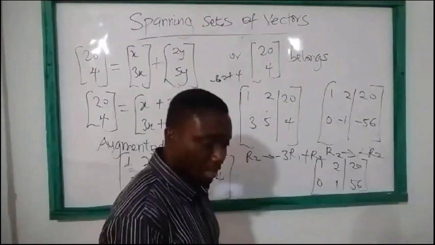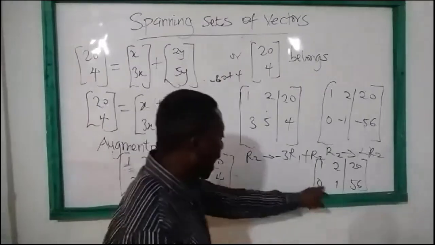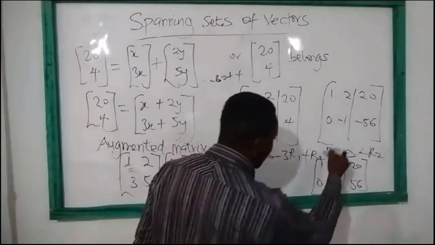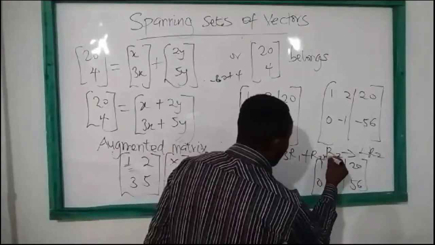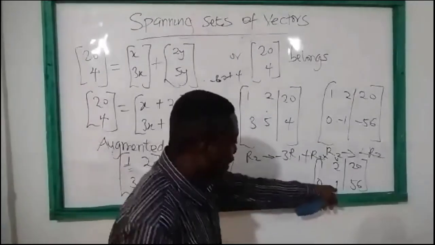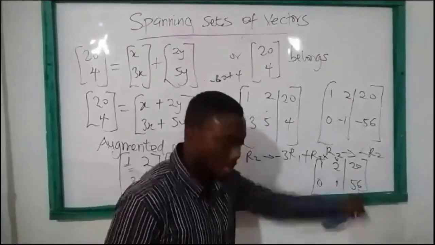With that one, all that you need is the REF, which we have gotten. Remember, this column represents your X column, and this column represents Y. So you can say from here that Y is equal to 56.